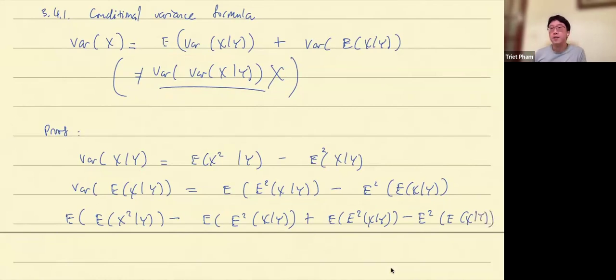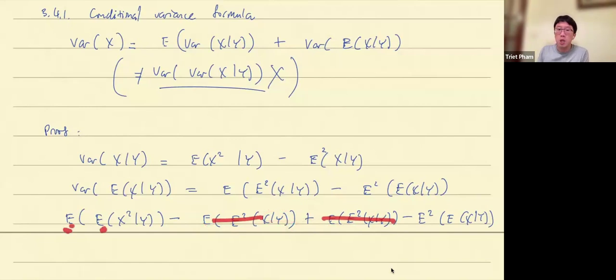Notice something very nice happens. These two terms cancel. This is the harder thing to handle, because it is not a double expectation. It is the expectation of the square of the conditional expectation, and we don't know what that is. But luckily they cancel.